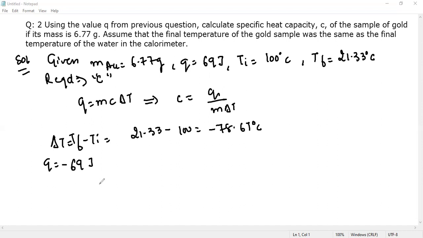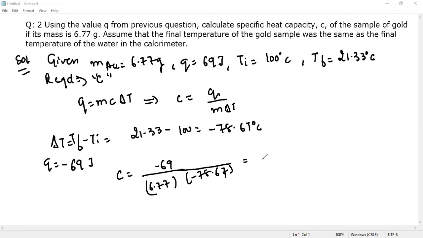And then what is m? m is already given to us, so we will put in the values which we just calculated. Q is negative 69, m is 6.77 grams, and delta T is negative 78.67. So this is our formula here.